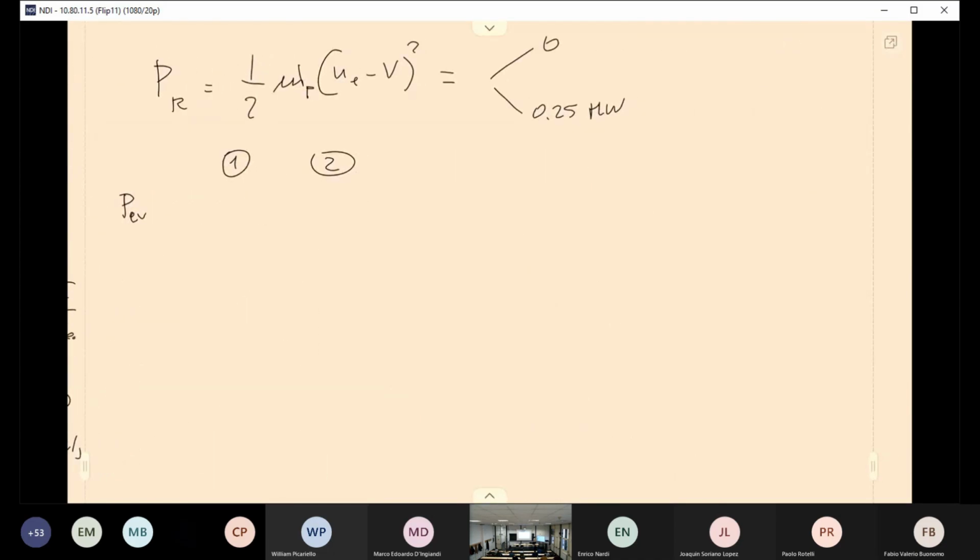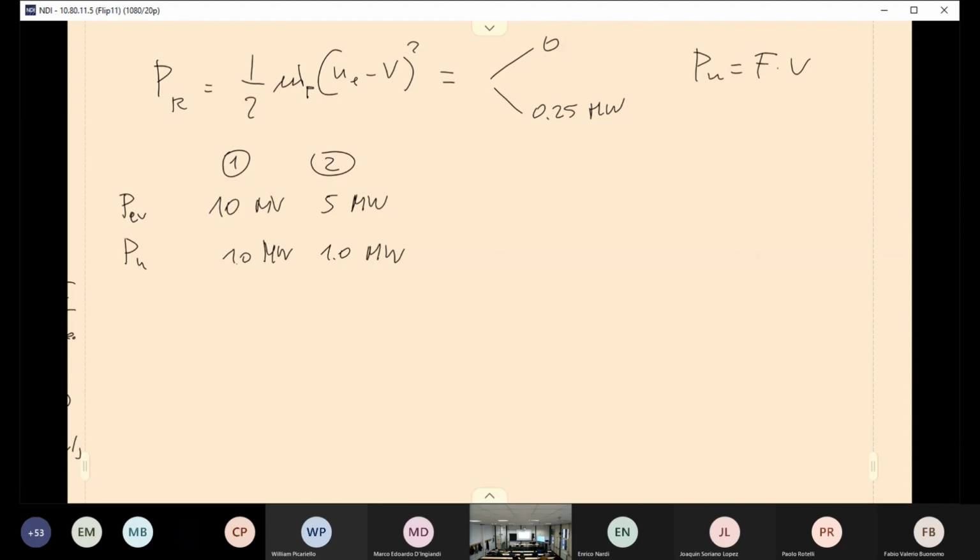As a consequence, 1 multiplied by 10 means 10 megawatt in the first case, and 5 in the second case. Useful power is 1 and 1 megawatt. This is the same because of the same thrust and flight speed.